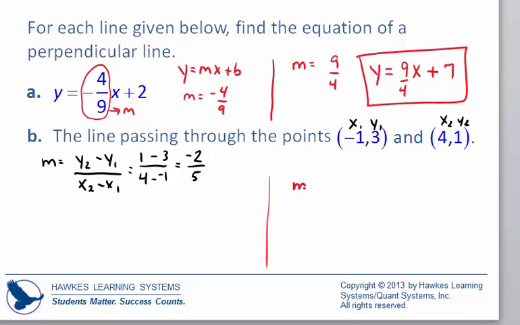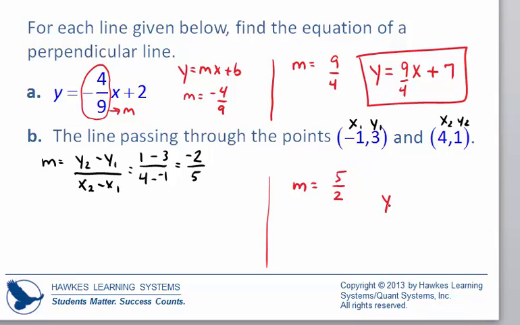So what would the slope of my equation be? If the slope of this one is negative 2/5 and they're perpendicular, we know that we have to meet those same two criteria. So we'll do a reciprocal, which will be 5/2, and we'll do an opposite sign. This one is negative, so this one needs to stay positive.